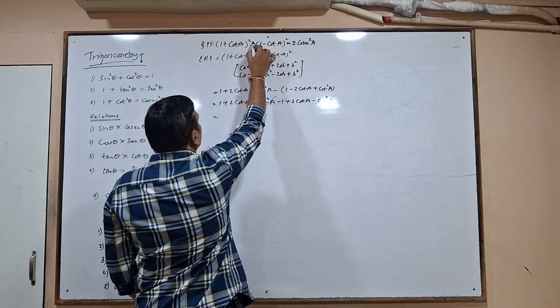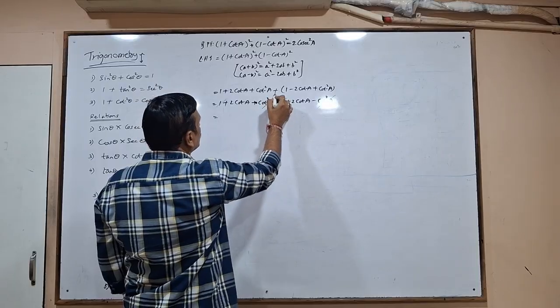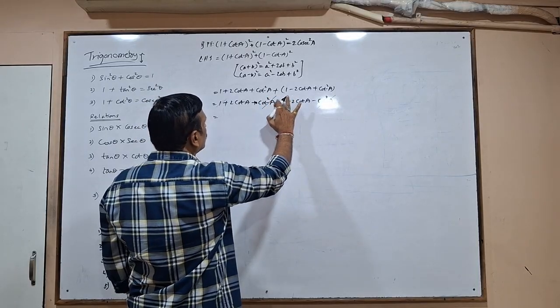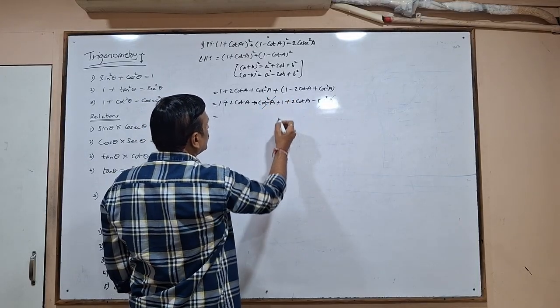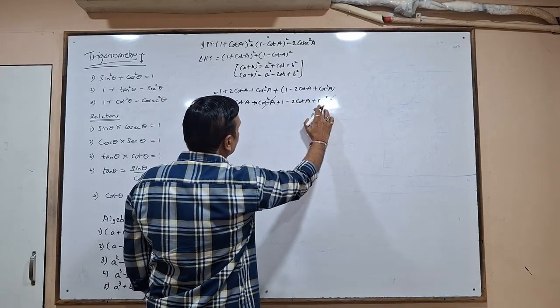There is a plus sign here in the question, so this remains plus. So this will be positive 1, this will be negative, and this will be positive.